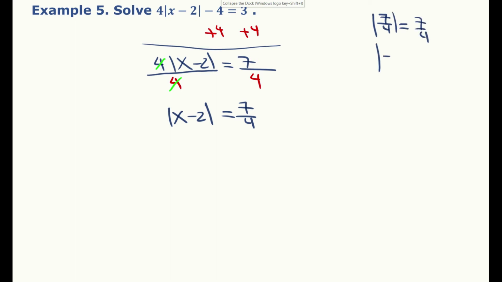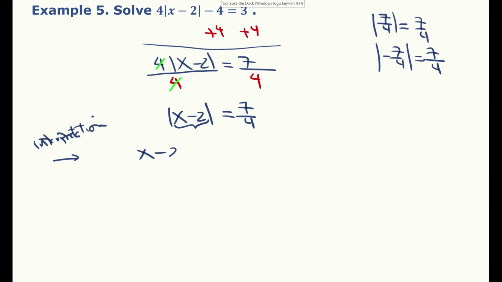The other one is negative 7/4, right? Those are the only two numbers whose absolute value is 7/4. So if the absolute value of this expression is 7/4, it must be one of these two numbers. So that's where the next two equations come from. This is the interpretation of the absolute value statement.